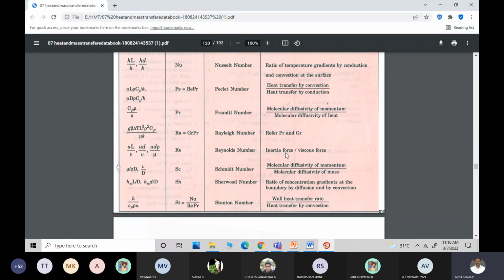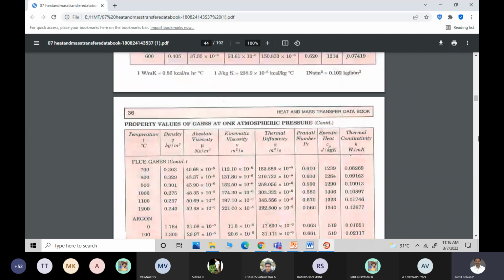And Reynolds number, we know that it is the ratio of inertia force to viscous force. So UL by nu or UD by nu or UD rho divided by mu. When we take the data book, we have to take the nu value, which is the viscosity. Even flue gases, sometimes they will give you in the question paper.